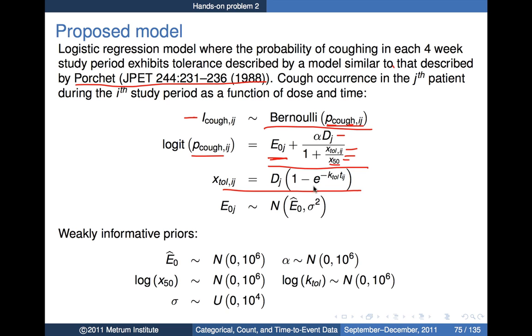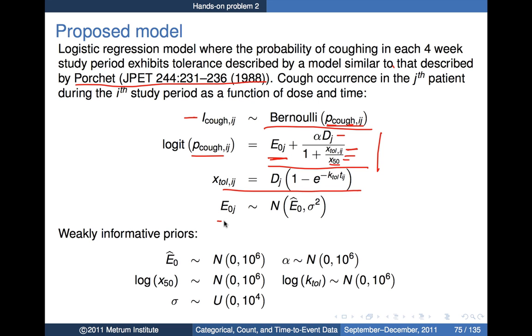But as time goes on, we introduce some nonlinearity, and the degree of tolerance is going up. In other words, the magnitude of the effect will be going down. So this x_tol term is getting larger with time, so the overall value of that term is getting smaller. So we would expect to see a decrease in cough if that's the case.